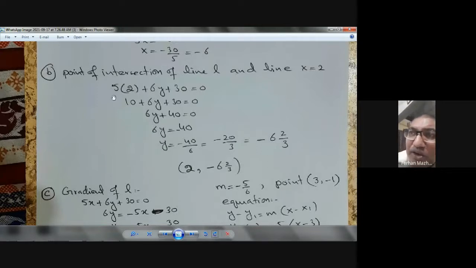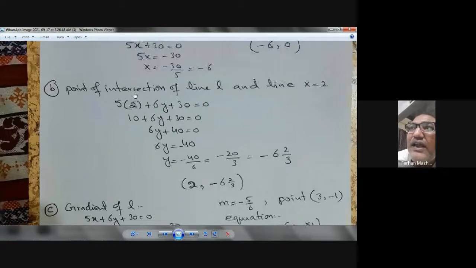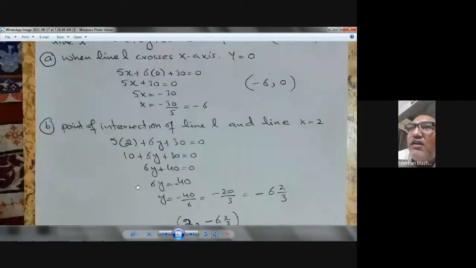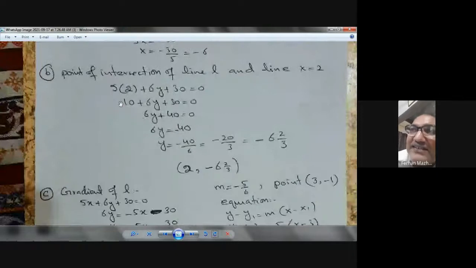So here you have 5 into 2 plus 6y plus 30 equals 0. 5 twos are 10, plus 6y plus 30 equals 0. 10 and 30 make 40. So 6y plus 40, on the other side it will become minus 40. That 6 is multiplying with the y. When it goes on the other side, it will divide.